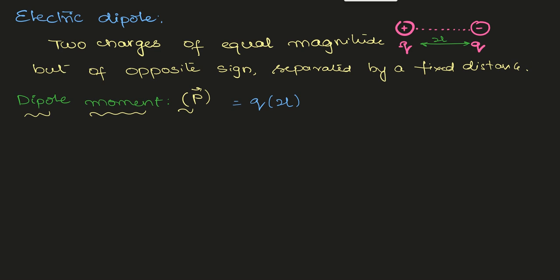We just take the magnitude of the charges, and it is a vector quantity. It is always directed from the negative charge to the positive charge, and its unit is coulomb meter. Its dimensional formula will be, for coulomb, ampere into time, and for meter, length.